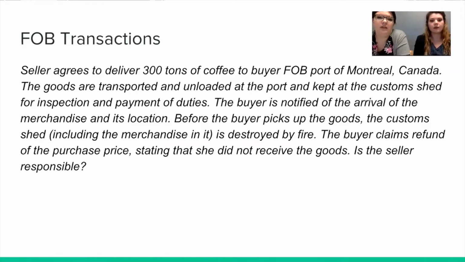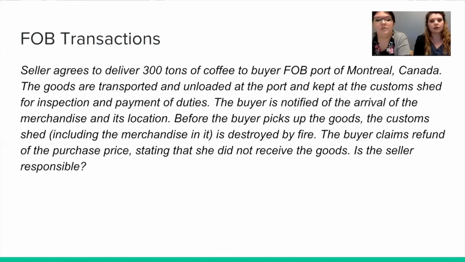And so in the review, there's a question about FOB transactions, and the question reads, the seller agrees to deliver 300 tons of coffee to buyer FOB Port of Montreal, Canada. The goods are transported and unloaded at the port and kept at the customs shed for inspection and payment of duties. The buyer is notified of the arrival of merchandise and its location. Before the buyer picks up the goods, the customs shed, including the merchandise in it, is destroyed by a fire.